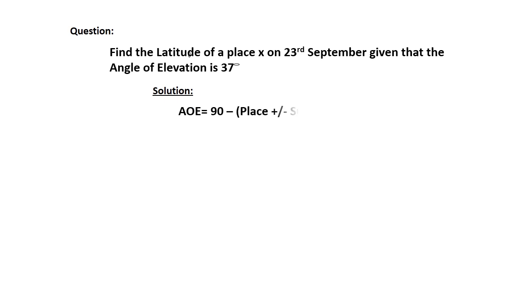Here are our solutions. Angle of elevation is equal to 90 degrees minus, open brackets, plus or minus sun, close brackets. 37 degrees is equal to 90 degrees minus, open brackets, x minus 0.